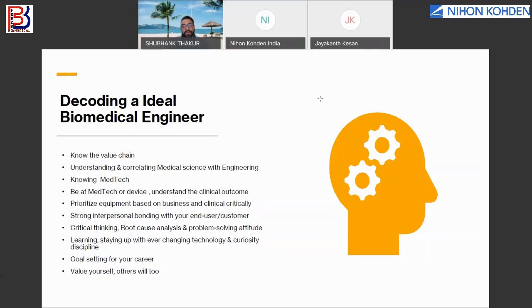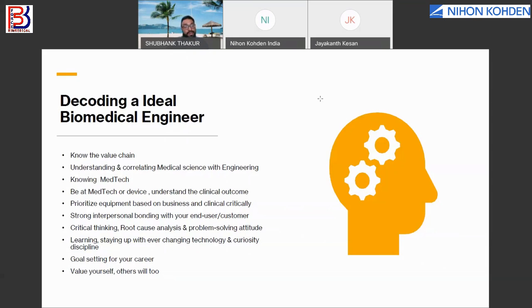To decide where you are going from here on, how you are serving and whom you are serving, when you're working on the healthcare side or the device side, you should always prioritize yourself very diligently. For example, if you are a biomedical engineer on the hospital side, you should know who your low-hanging fruits are.